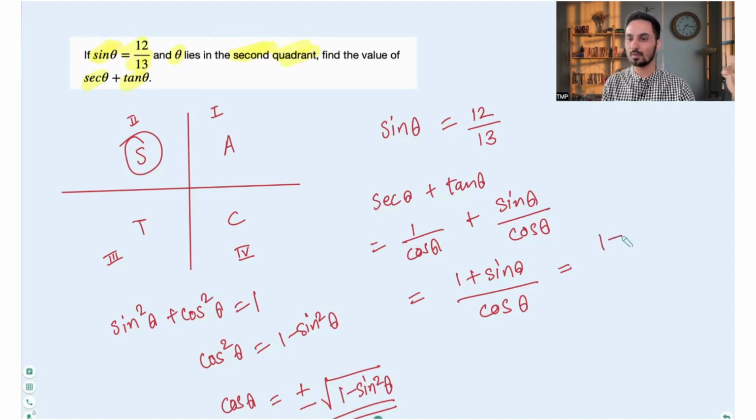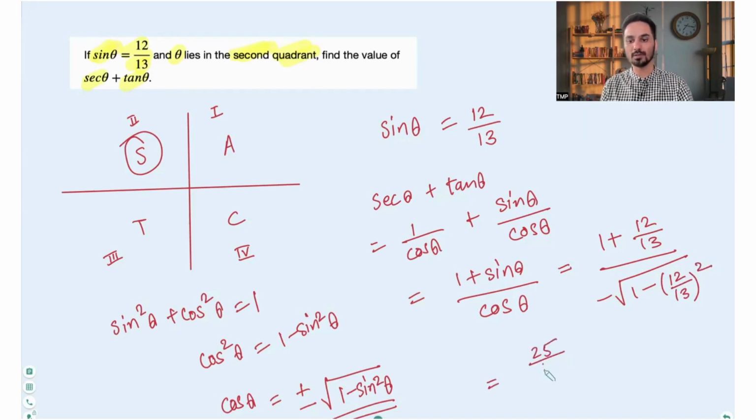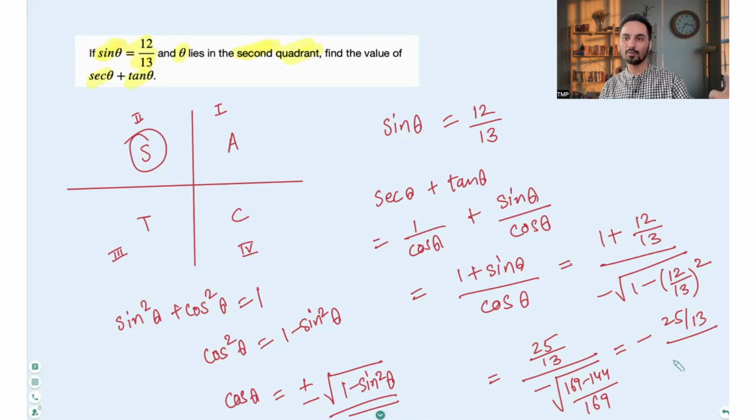So we'll have 1 plus sine theta value, which is 12 over 13, divided by negative square root of 1 minus sine square, and sine is 12 over 13, so (12 over 13) square. If you simplify this, we get 25 over 13 divided by minus square root of (169 minus 144) over 169, or we can write minus 25 over 13 divided by square root of 25 over 169, which is the same as 5 over 13.